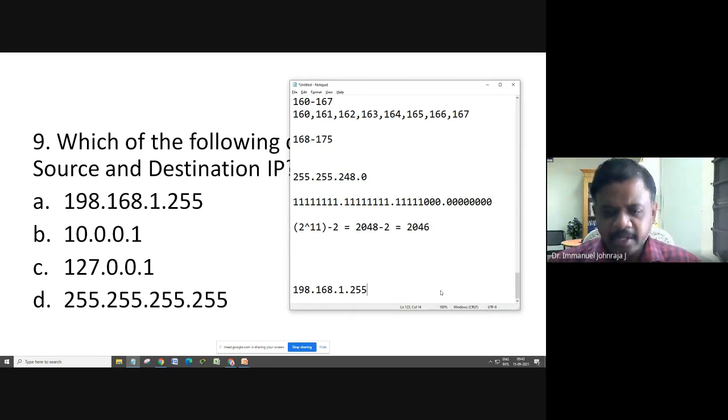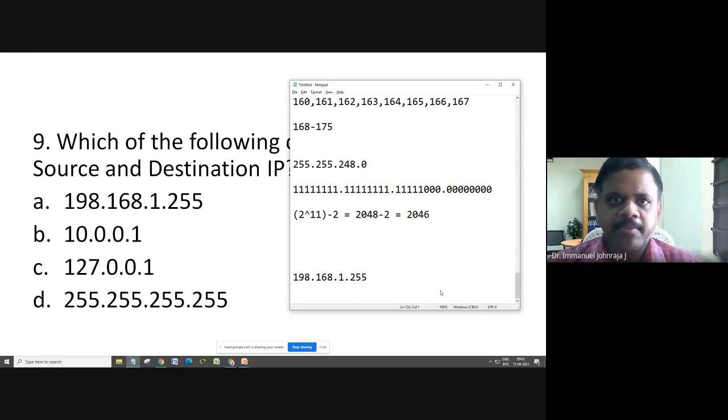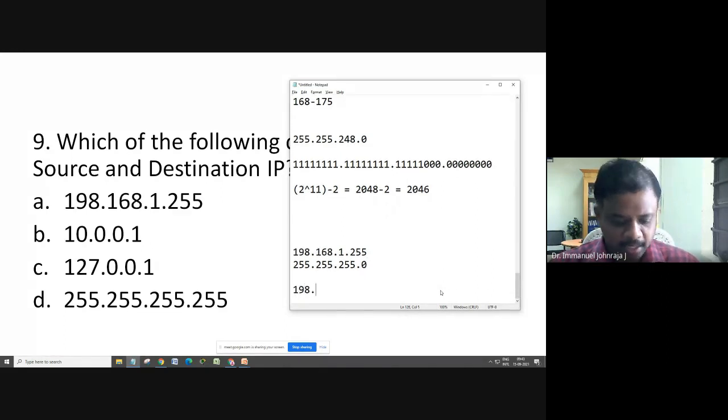We'll say that this is a class C IP, right? Mask is not given, so it is a class C IP with the default mask. What is the default mask? 255.255.255.0. When the mask is 0, what will be the range? 198.168.1.0 to 198.168.1.255.